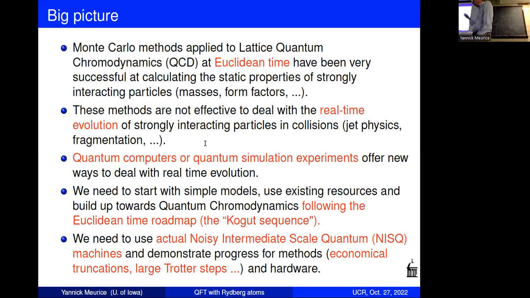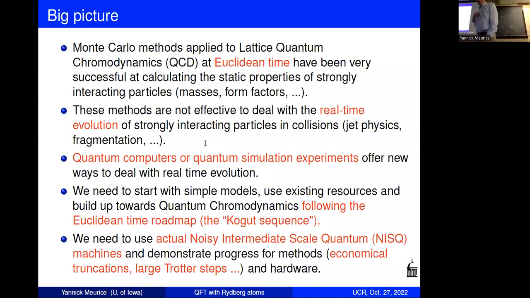Now, if you want to address the question of real-time evolution, this method doesn't work because in real time, the weight is e to the iS, and so it oscillates, and so you need to find something else. And the something else could be to use a quantum computer, so either a simulator where the real time is basically the system time, or a universal quantum computer where you can program the evolution with the Trotter approximation.